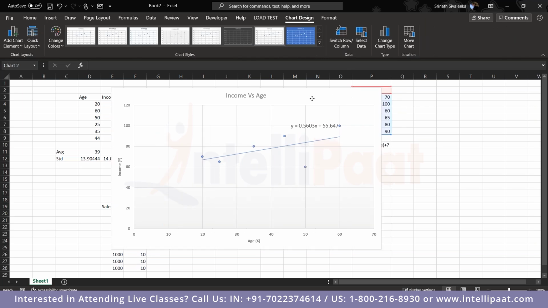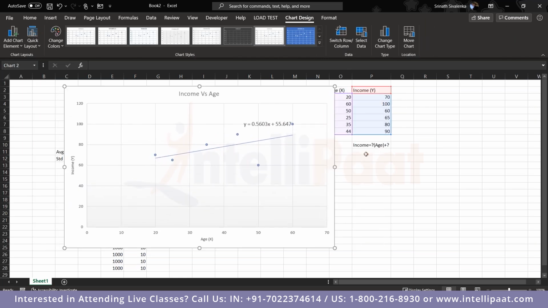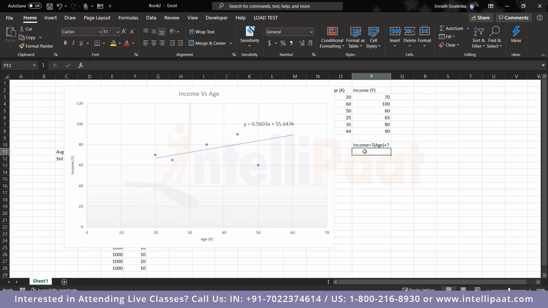Your linear regression basically says that your income is equal to 0.5603 times your x, which is nothing but your age, plus 55.647.